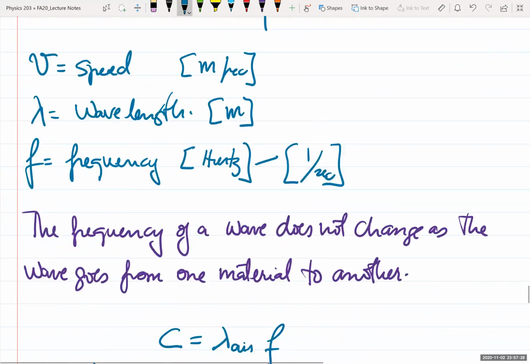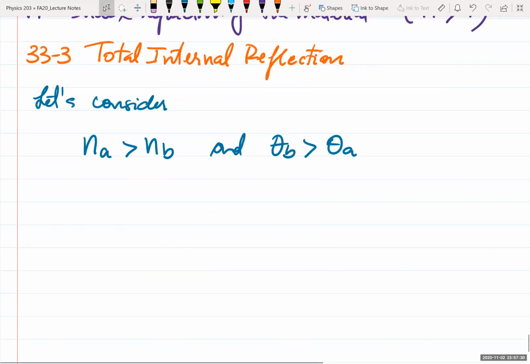So the angle of refraction will be greater than the angle of incidence.